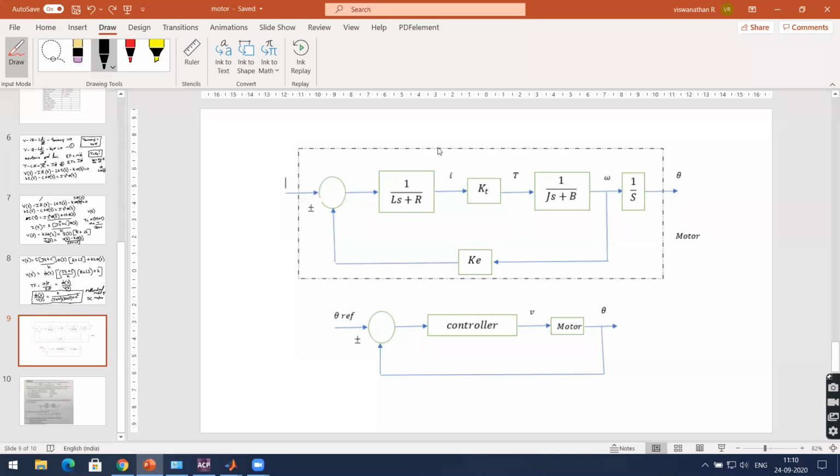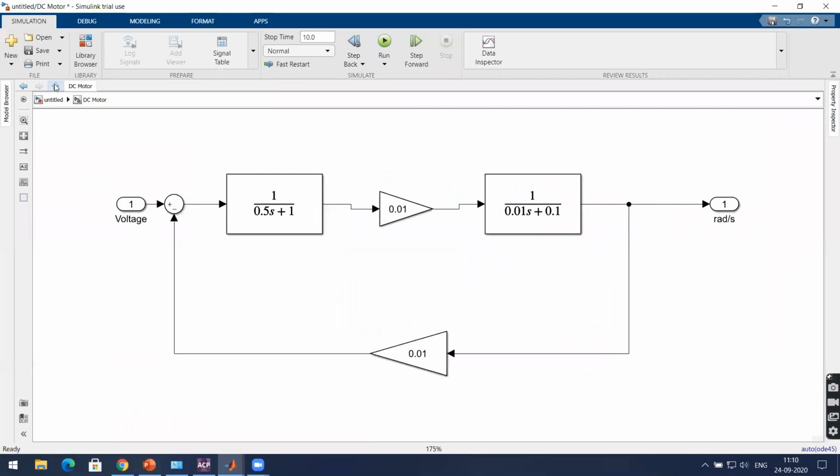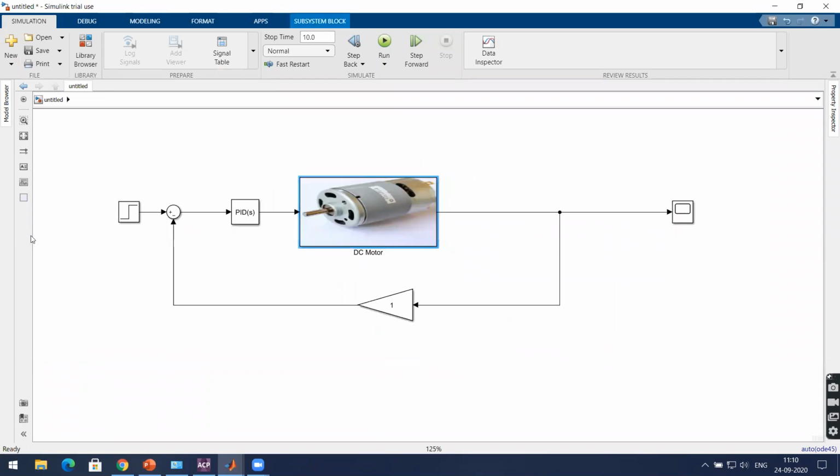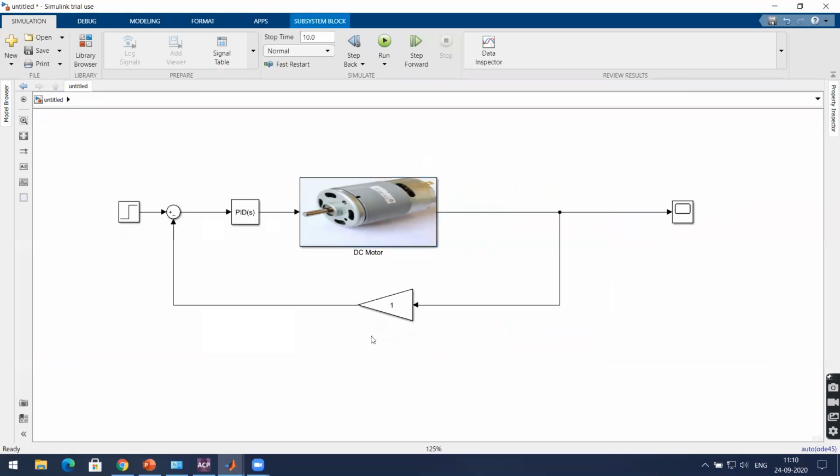So this block here we made as a subsystem. This is a subsystem and this is the total thing, so the DC motor is a subsystem of that. Why do we need to do all this? It will look clean.